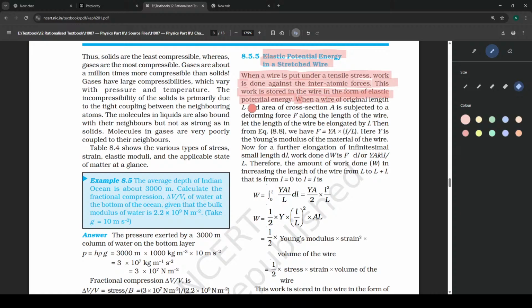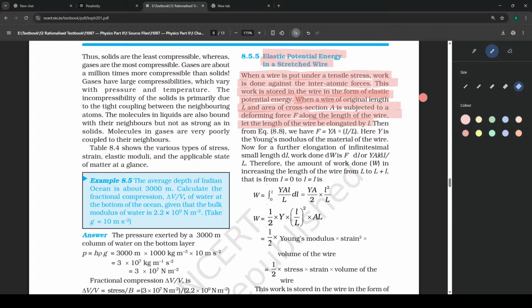When a wire of original length L and area of cross section A is subjected to a deforming force F along the length of the wire, let the length of the wire be elongated by l.